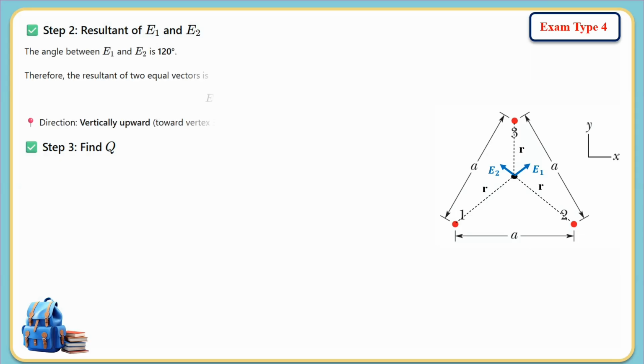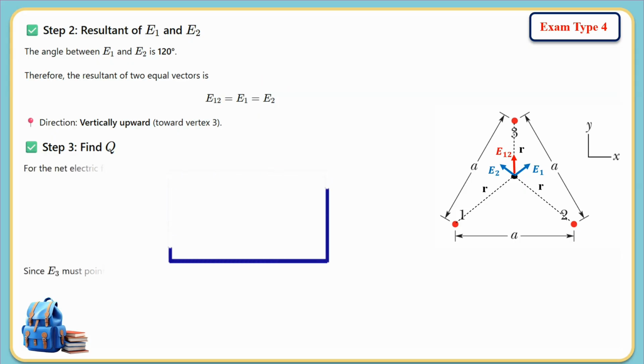Step 2. The angle between E1 and E2 is 120 degrees. The resultant of two equal vectors separated by 120 degrees has the same magnitude as either vector, and it points straight upward along the symmetry axis. Therefore, E12 equals E1 equals E2.